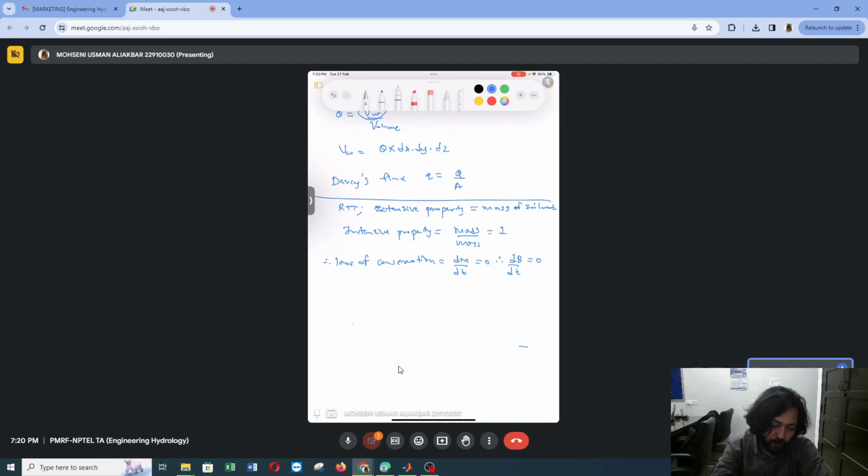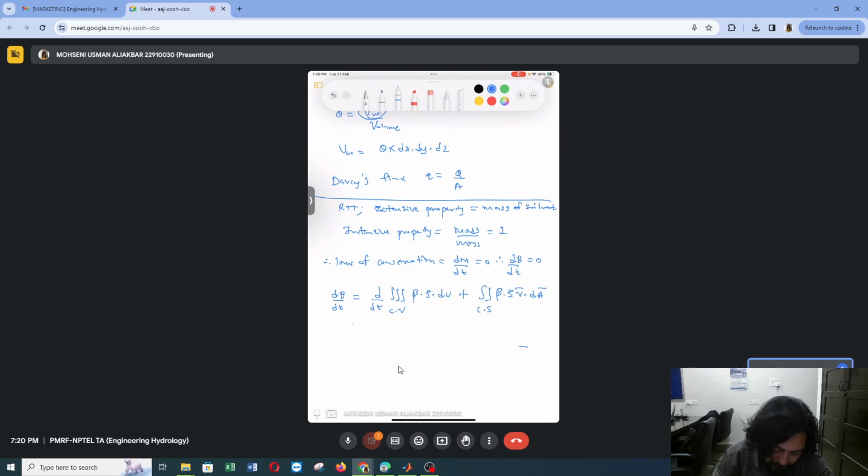So now we are just going to substitute all these things in our RTT equation. So what is the RTT equation? The RTT equation is nothing but dB by dt is equal to the rate of change with respect to time, under the control volume, of the intensive property times rho dV, right? This is the first term, plus the second term, for the control surface, of the intensive property times rho v dot dA, right?